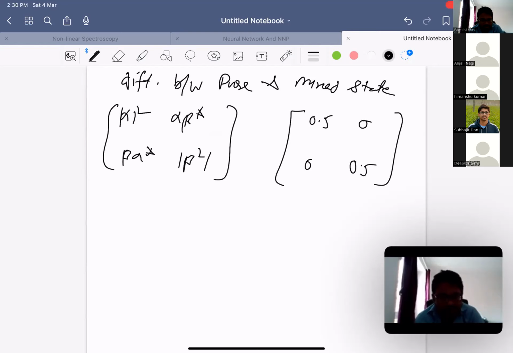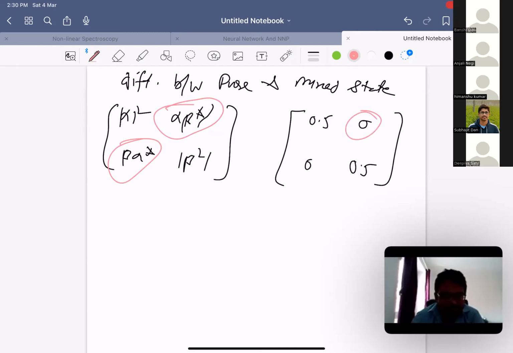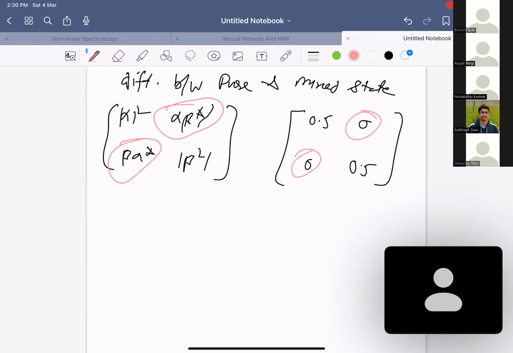So a thumb rule to differentiate between a pure and mixed state is these off diagonal elements. In case of a pure state, we see that off diagonal elements are not 0, but in case of a mixed state, off diagonal elements are 0.